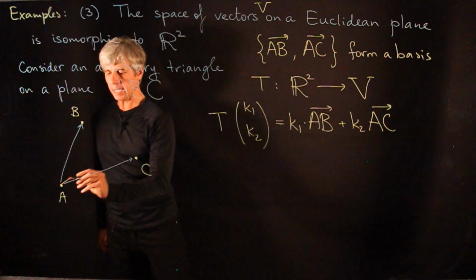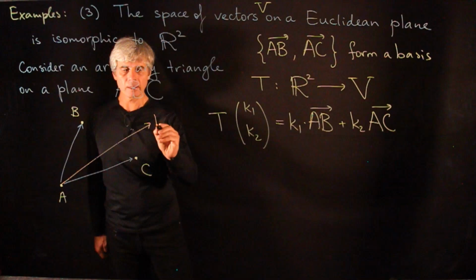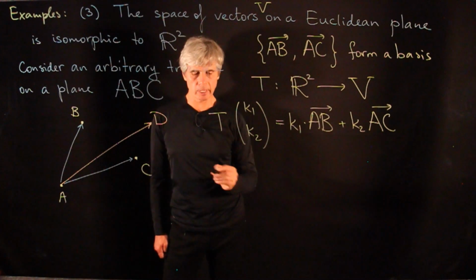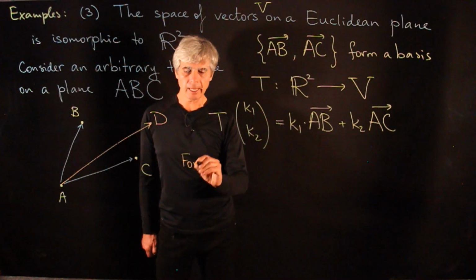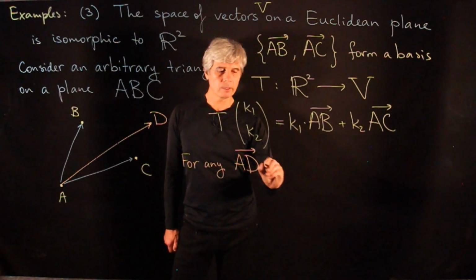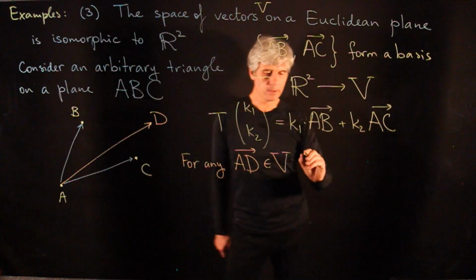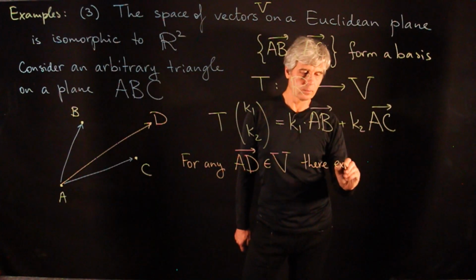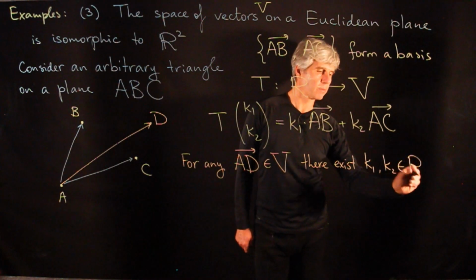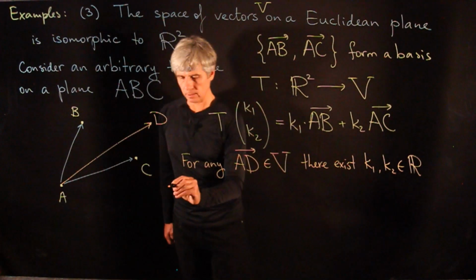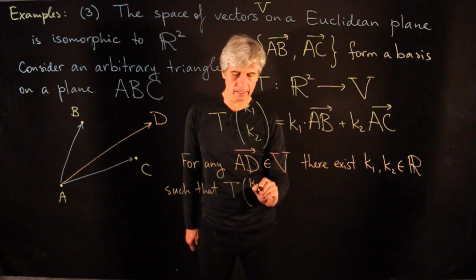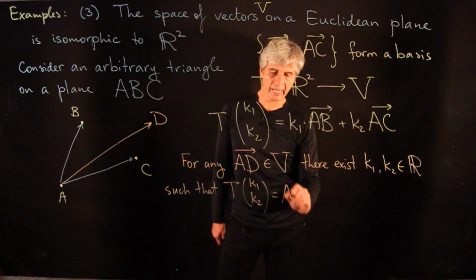Now, we know that any vector on this plane can be drawn with a starting point at A. So what we need to show is that for any vector AD in V, there exist K1 and K2 in real numbers, such that T of (K1, K2) is equal to AD.